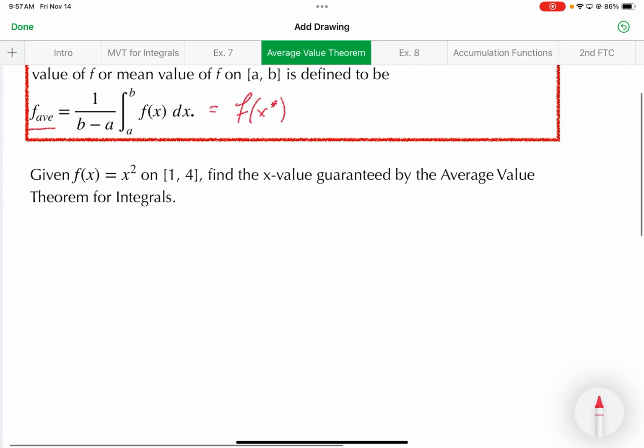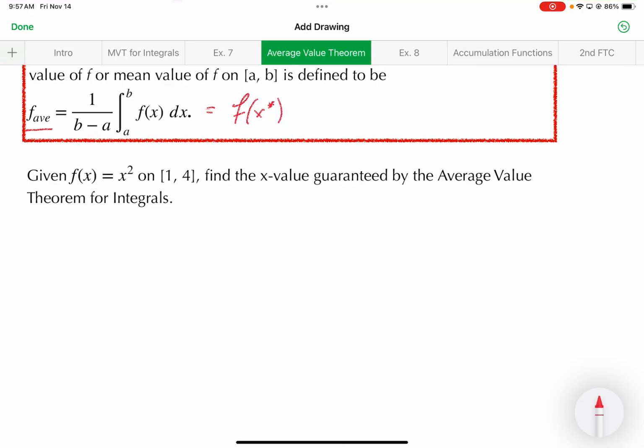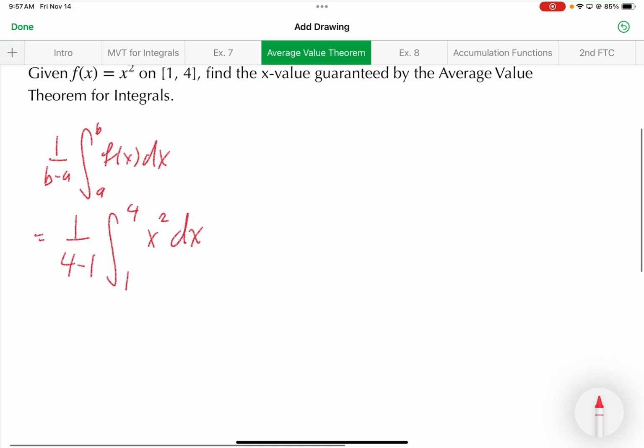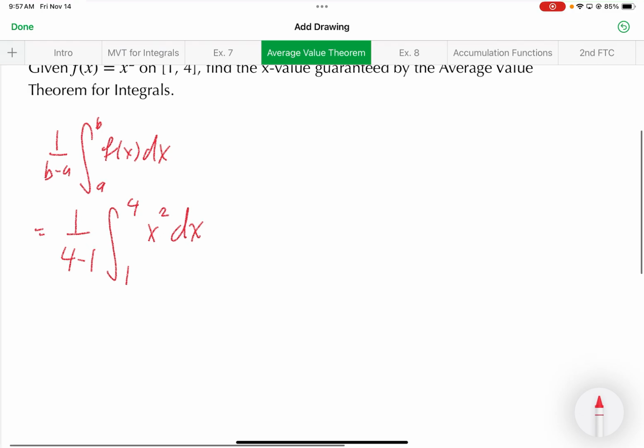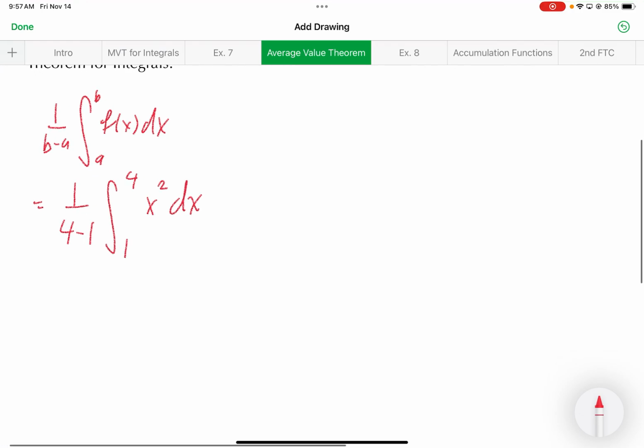Let's do it with a function we already did it with, just to ensure that it's all the same. So if I integrate 1 over b minus a from a to b of f of x dx, I would get 1 over 4 minus 1 integral from 1 to 4 of x squared dx. So I get a third.